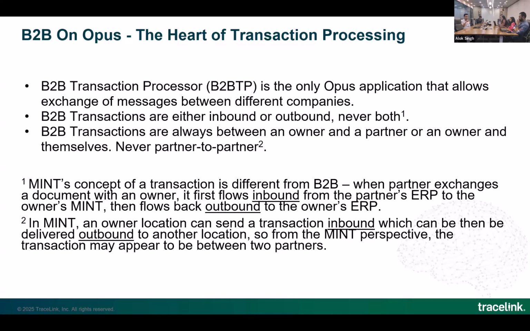Now, when that happens, I should not say Mint perspective, but that is essentially partner to partner, because Mint is licensed for the company, not for every location that company has. For B2B, that exchange never happens from one location to another location, and we'll learn about it. For B2B, the routing is different.